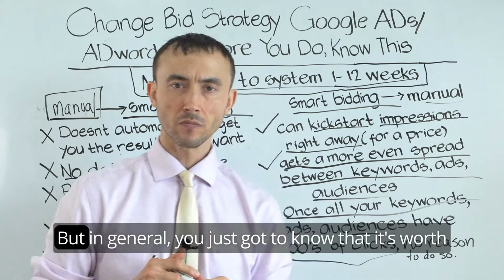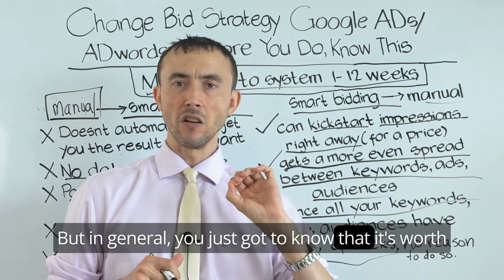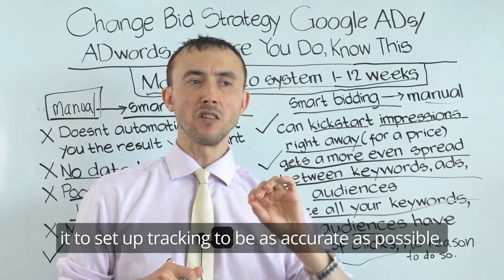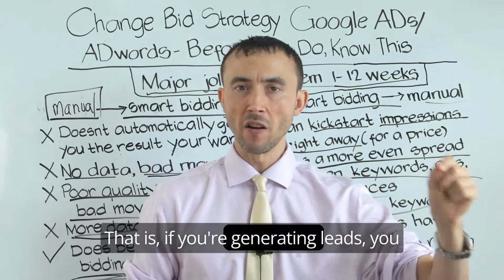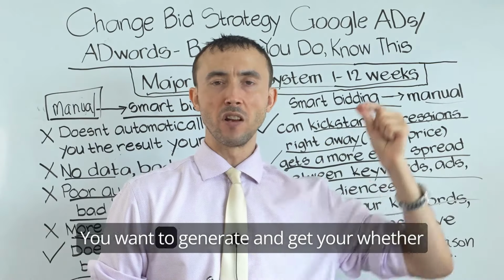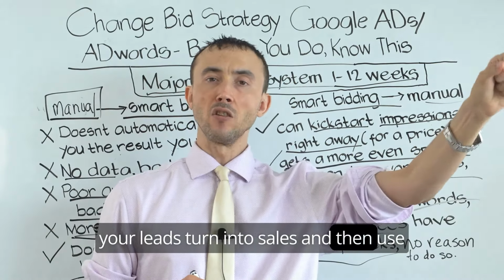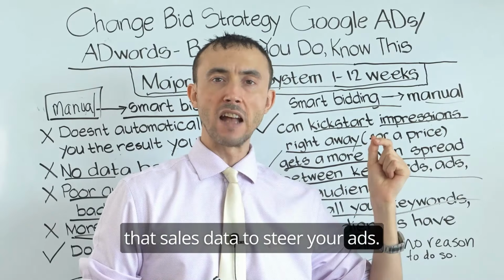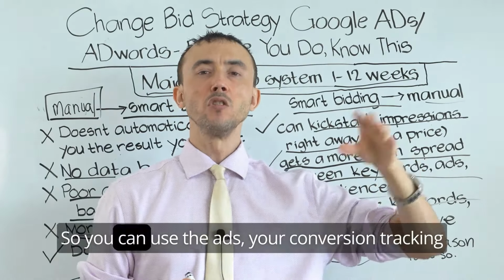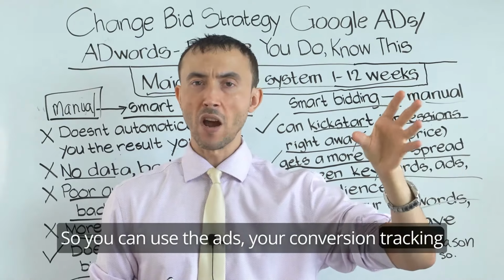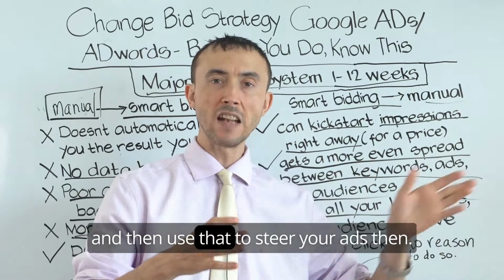But in general, you just got to know that it's worth it to set up tracking to be as accurate as possible. If you're generating leads, you don't want to just settle for that. You want to get whether your leads turn into sales, and then use that sales data to steer your ads. Or if you can't track whether it turns into a sale, you at least score the lead, so you can use your conversion tracking to track whether a lead was qualified or not, and then use that to steer your ads.